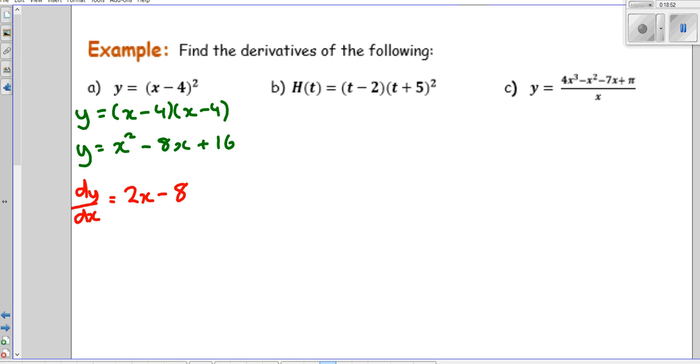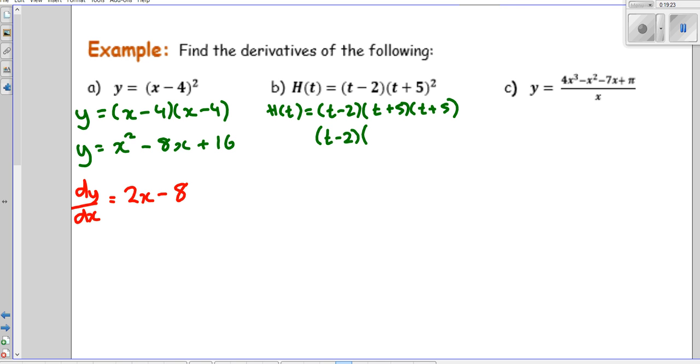This one's a bit awkward. Yeah, it's horrible. t plus 5, t plus 5. What I tend to do, it's up to you which way you want to FOIL and collect like terms, is I personally find a perfect square a bit easier to work out. So I might leave t minus 2 there, and then I'm going to expand this bit, just because I personally find that easier.